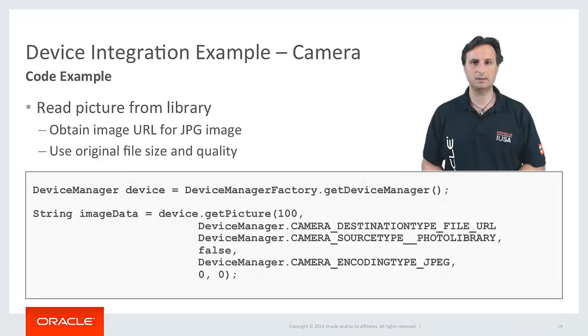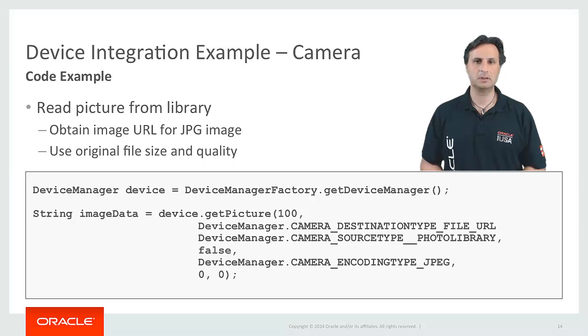So here's the example of reading a picture from a library. So I have the call to get picture. I go for 100%, in the hope it's a small picture. The destination type is file URL because it's part of my library, and the source type I specify as camera library, so I'm reading an existing image, and then the encoding type JPEG to have a smaller footprint in the memory.